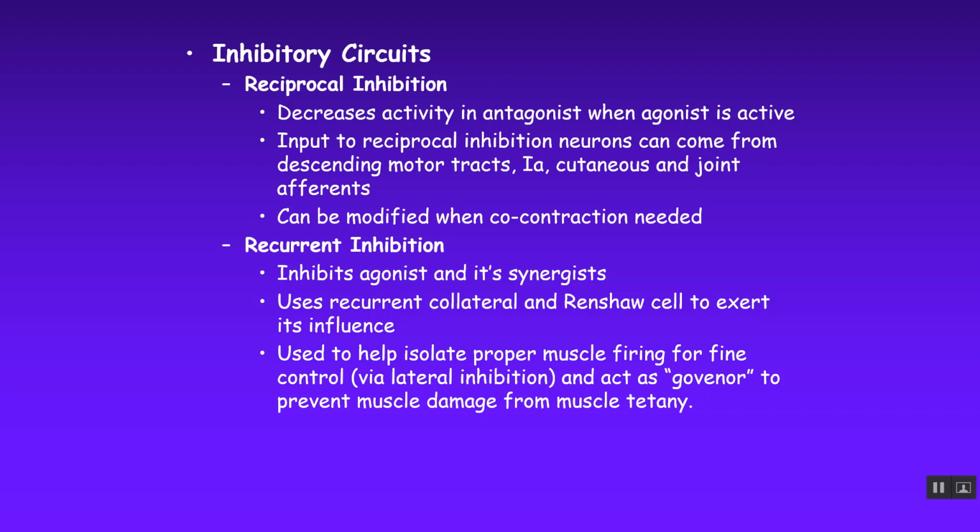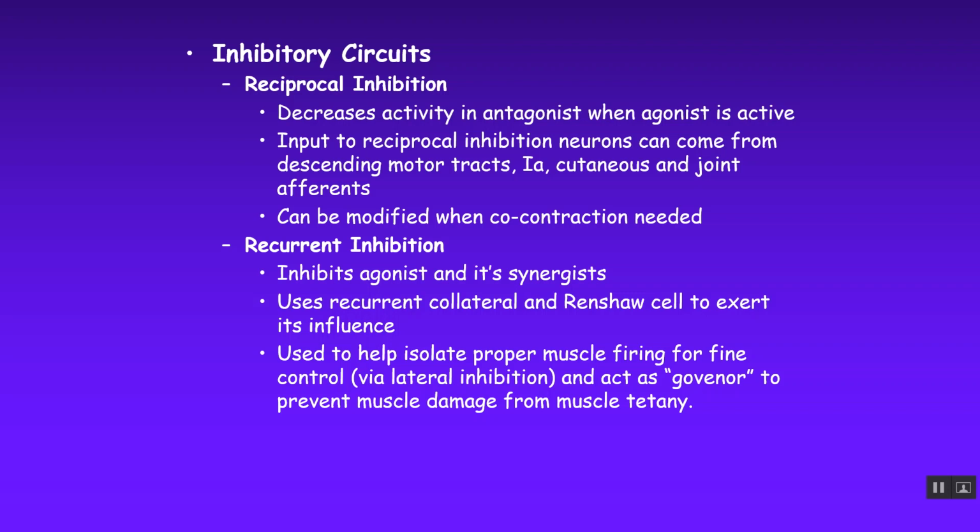You're trying to isolate movement, not get too much motor activity, especially in fine skilled movements. It narrows the focus of the motor signal so that you're only using the muscles and fibers that you need while inhibiting all the rest around it, including its synergists.